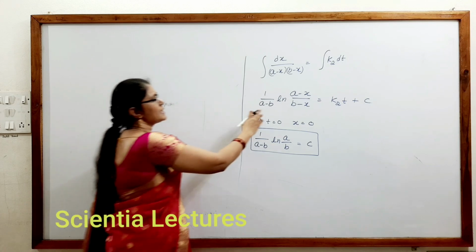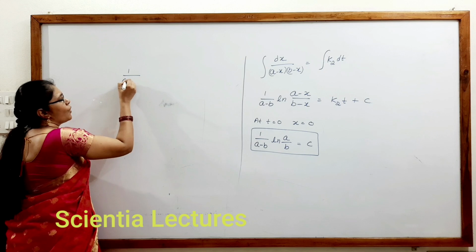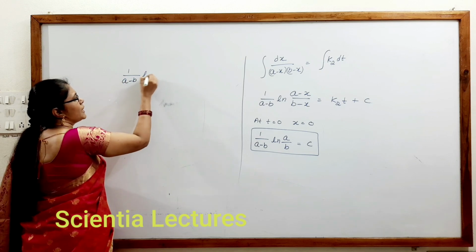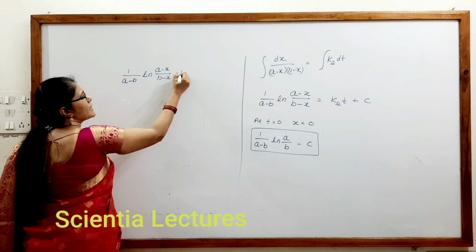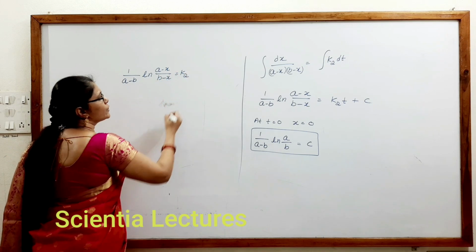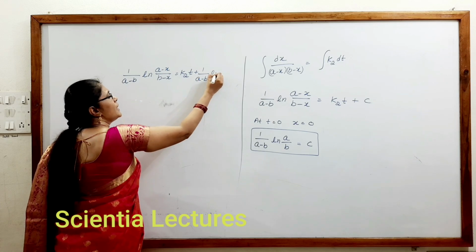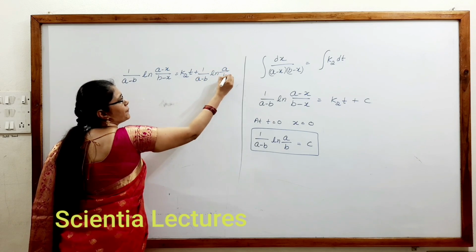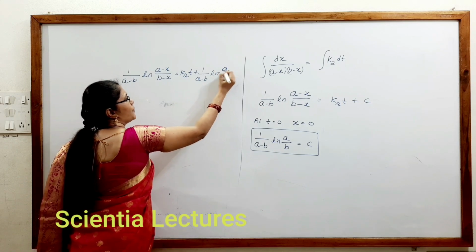Substitute that in this equation, and what we will get as the second order rate equation: 1 by a minus b ln a minus x by b minus x is equal to k2 t plus 1 by a minus b ln a by b. That's what we have got as c, ln a by b.